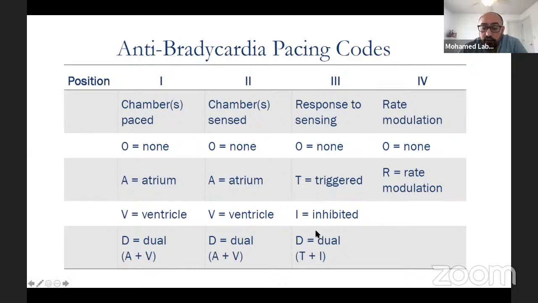Inhibit means that if you see activity in the same chamber that you can pace at, you inhibit. You don't need to pace on top of activity. So if the intrinsic rhythm is coming, if you have a V, you don't need to pace on top of the V, and we'll show an example of that.